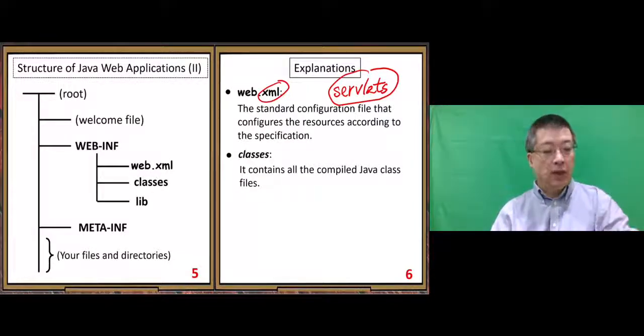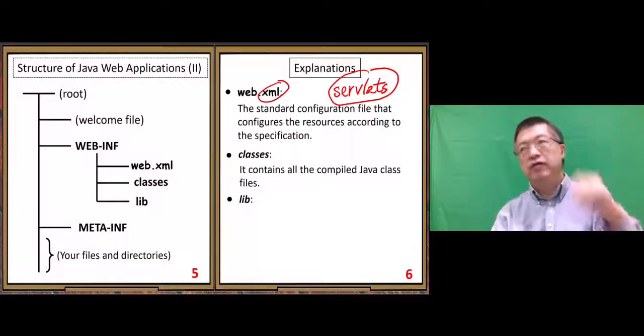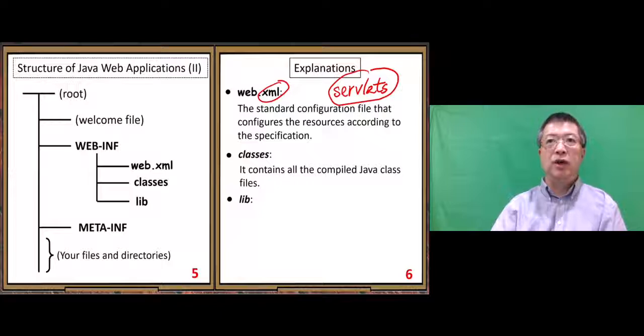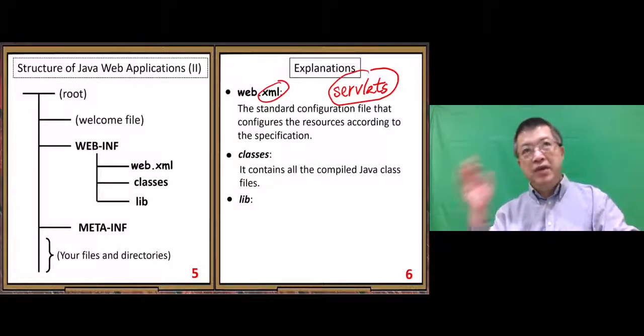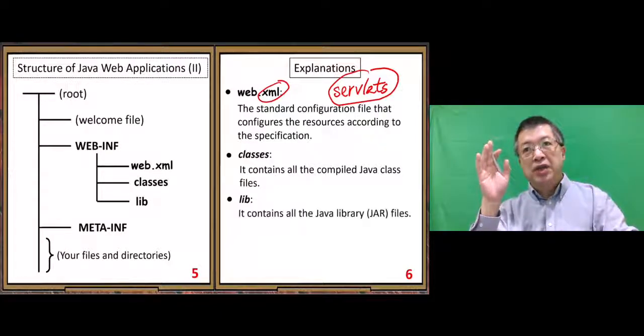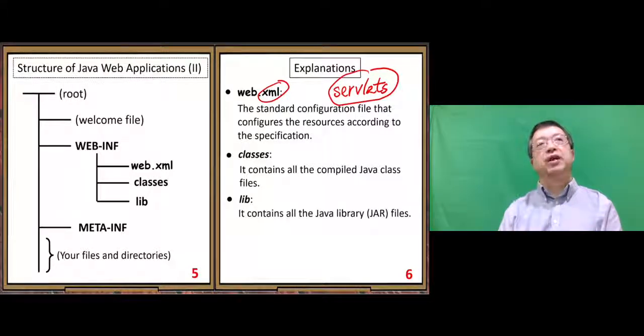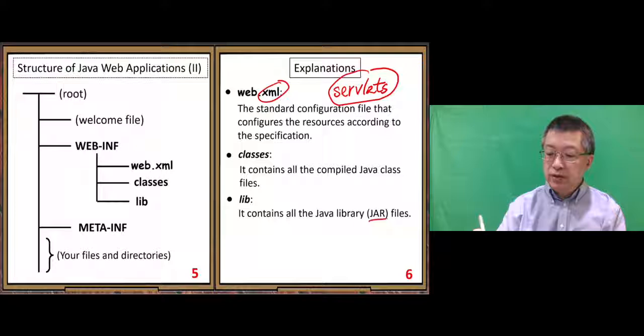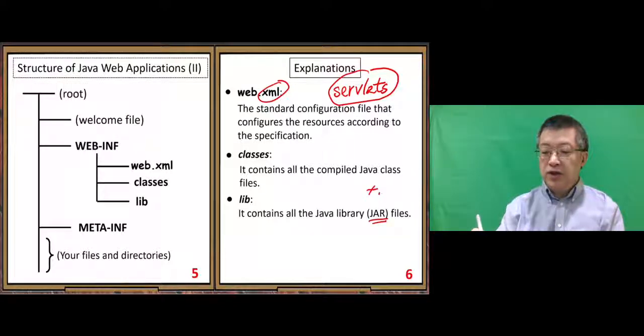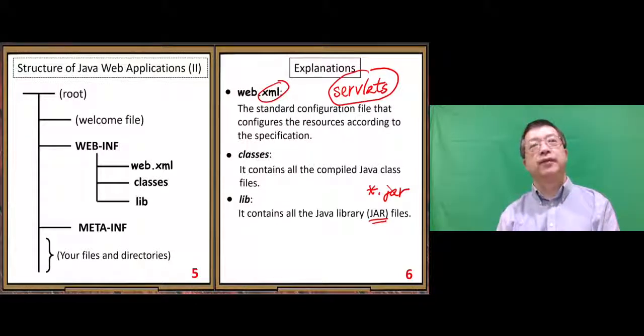Next one, the lowercase lib folder, L-I-B. From the name, you can see it contains all the Java library files, in the format of library jar files, something dot jar, J-A-R.